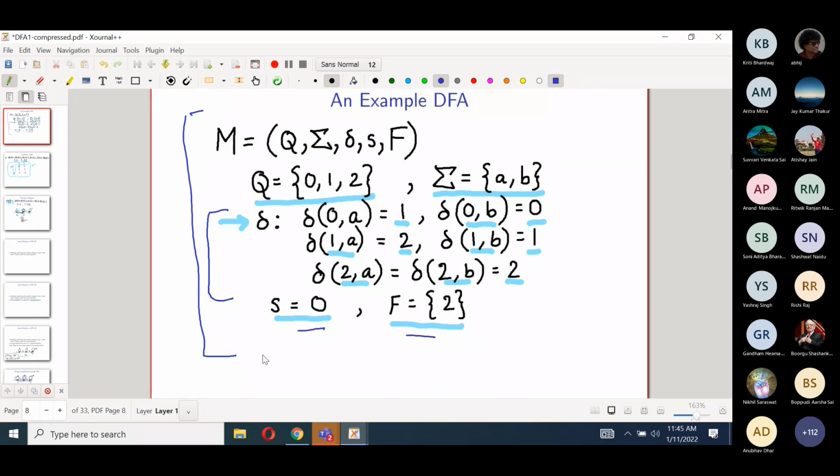But if you try to write down delta hat, you cannot describe it completely in a mathematical sense. You can write it in English, saying for all x in sigma star and so on, but you cannot write down the definition of the function the way you're writing it here.